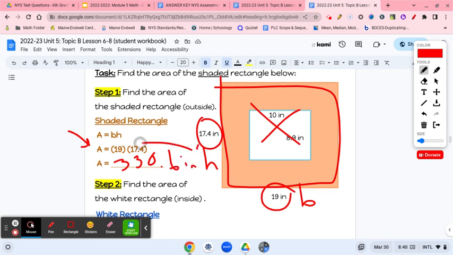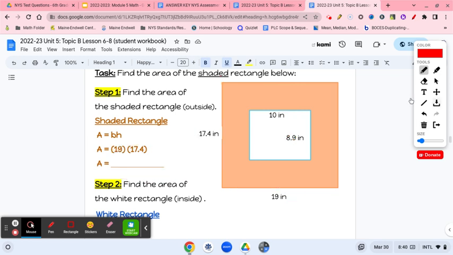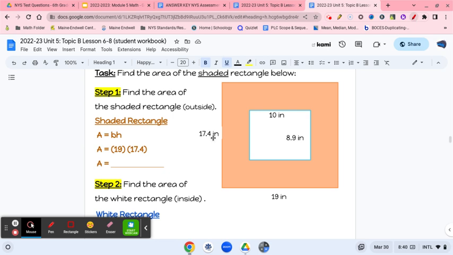But I'm not even worrying about the units right now. The number is what matters. So the area of the big one is 330.6. Okay, so that's my first one. I focus on that one.